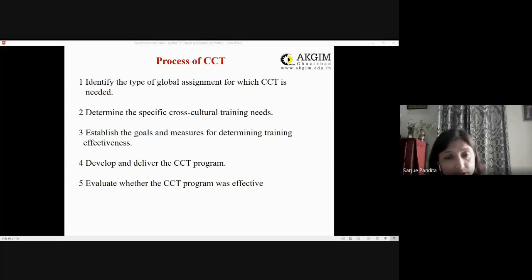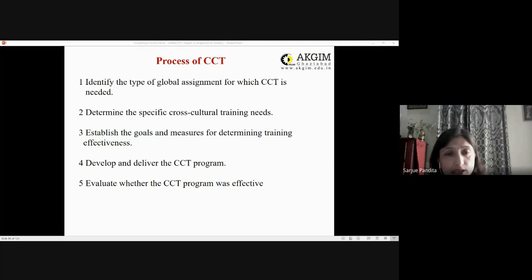These strategic assignees are the core critical group of assignees and are considered a competitive resource for an organization. Therefore, CCT training is very important, because they might have the task of entering a new market, maybe a developing country's market, going for a joint venture, or taking a strategic decision.